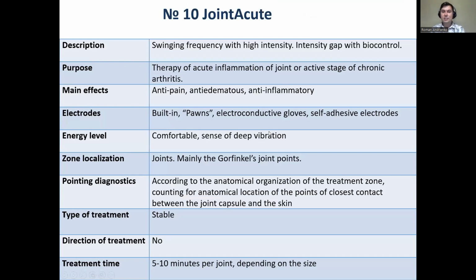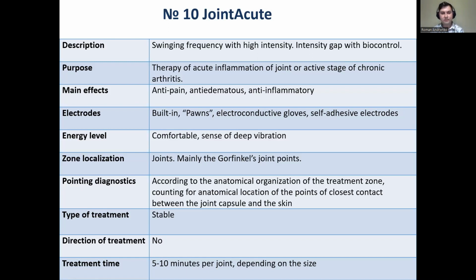And now let's go through the joint family, as I call it. Joint acute, pretty self-explanatory name, aimed at the therapy of acute joint inflammation or active stage of chronic arthritis. Has wonderful anti-pain, anti-edematous, and anti-inflammatory effect, performed by the built-in electrode, by the pons, by the electroconductive gloves, and self-adhesive electrodes.